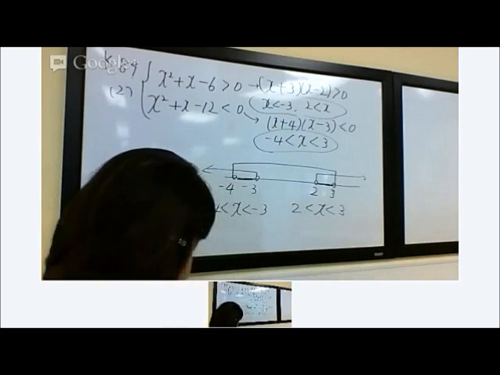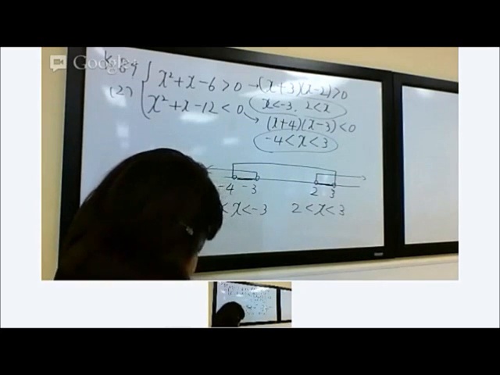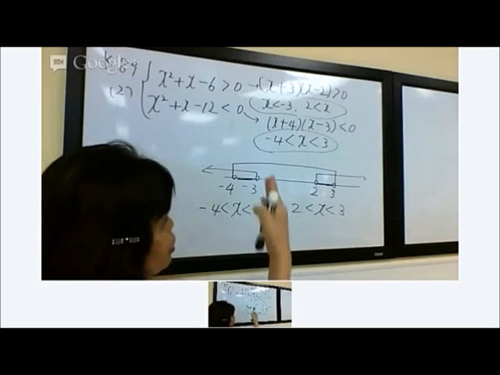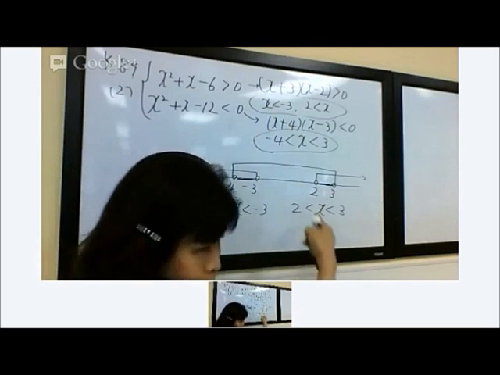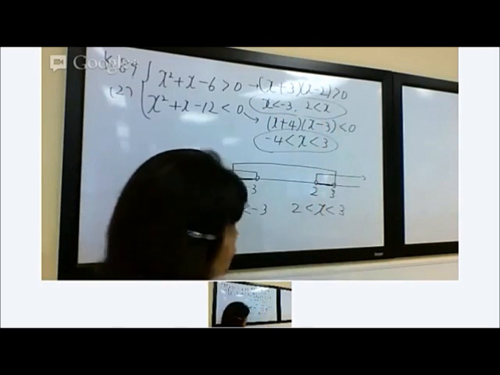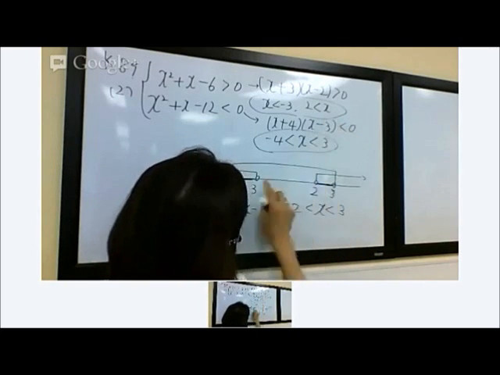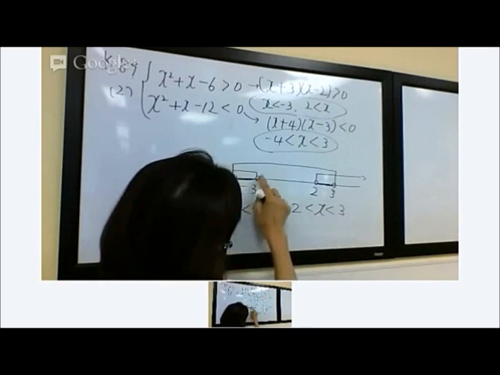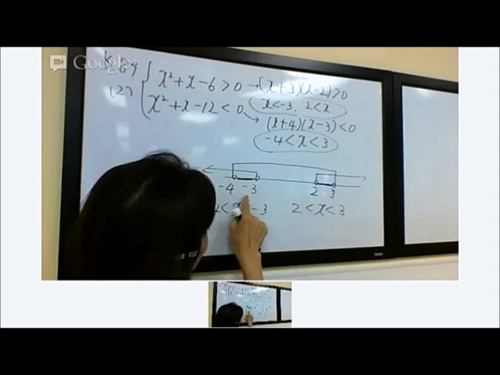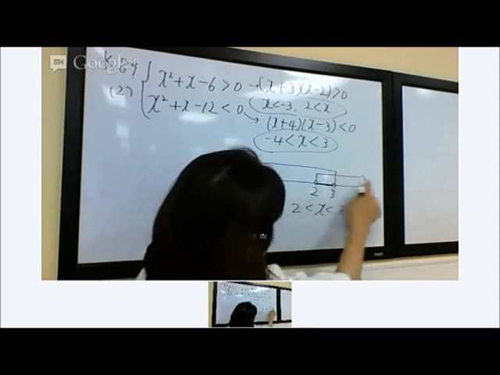Then we need to solve, right? We need to find the answer that satisfies both conditions. Based on the first one, we get less than -3 and greater than +2.